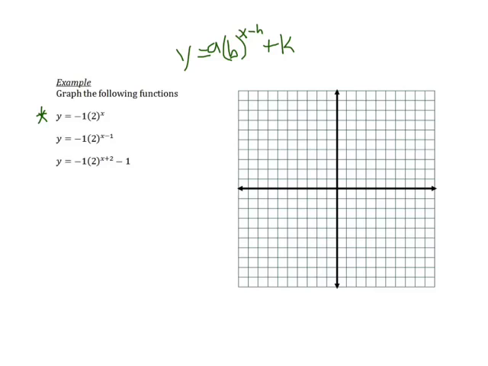Instead of being 2 when x is 1, this will be negative 2. Let's go by 1s here. When x is 1, y is going to be negative 2. When x is 2, we've got negative 4. When x is 3, we've got negative 8. And our asymptote is going to get closer and closer this way. So all that does is flip it upside down.